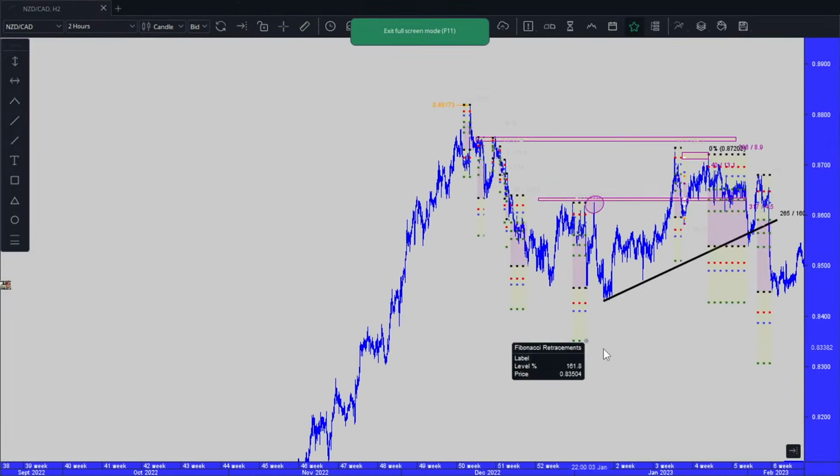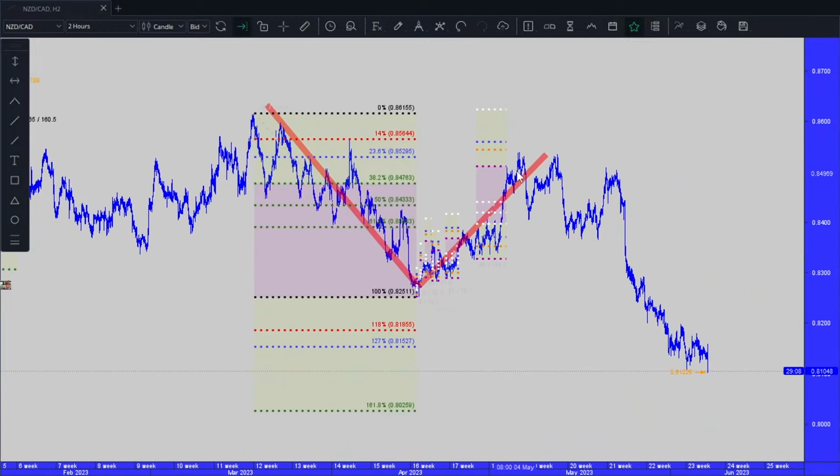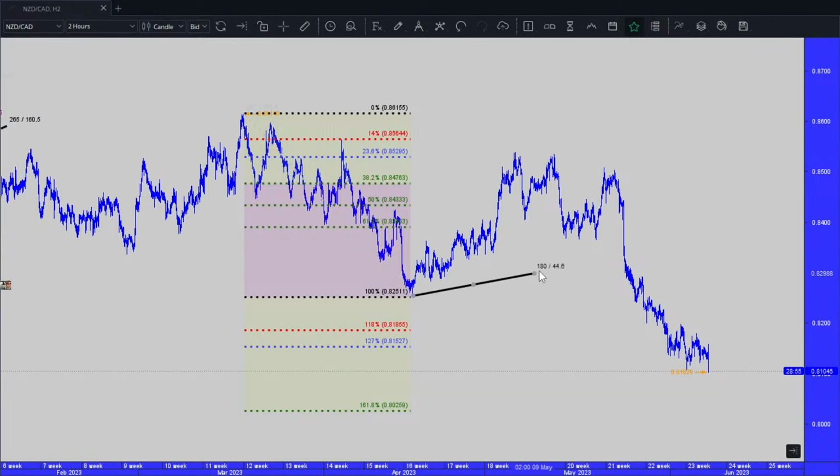Now the 2-hour chart. Alright, so this is the 2-hour chart. Now, one more time. NZD 2-hour chart, everybody.